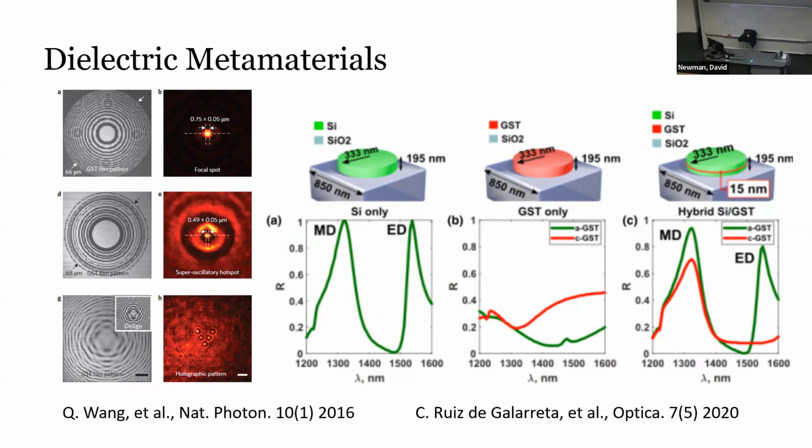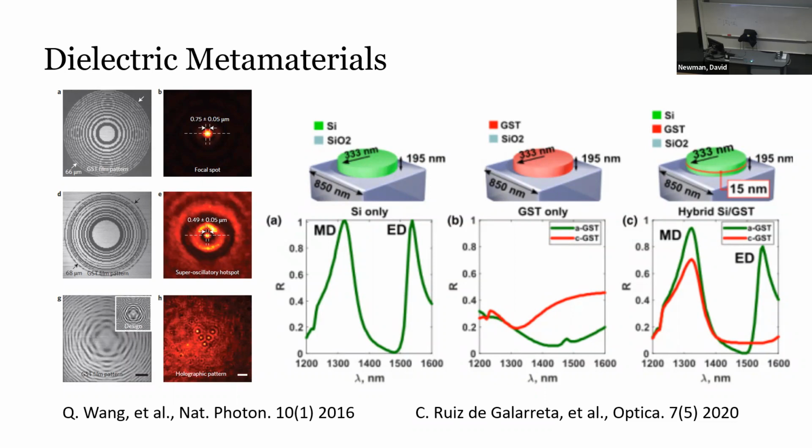And then Exeter, David's group, I believe, just a few years later, showed that you could create dielectric resonators from silicon. And then by putting a thin layer of GST, phase change material, in the silicon, you can turn on and off certain resonances in the structure.